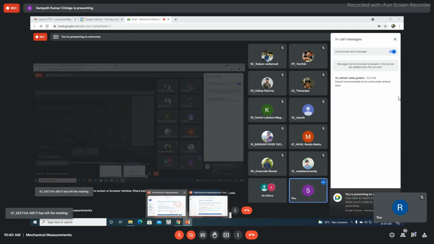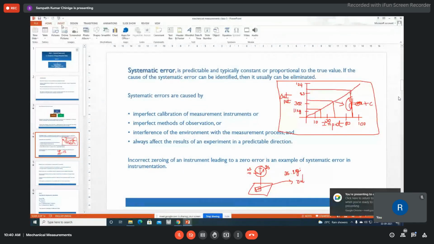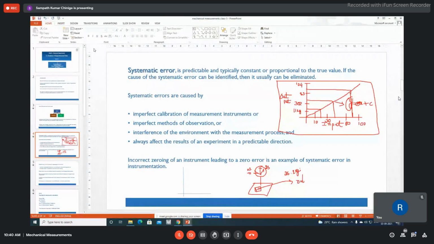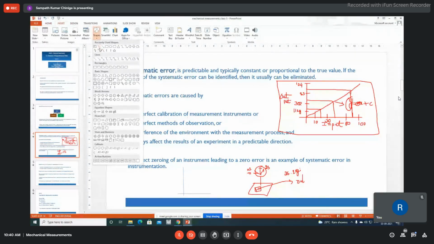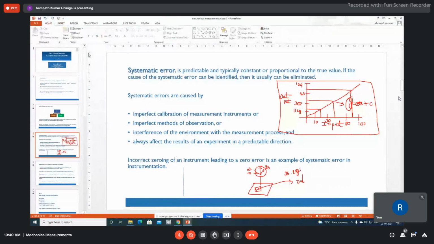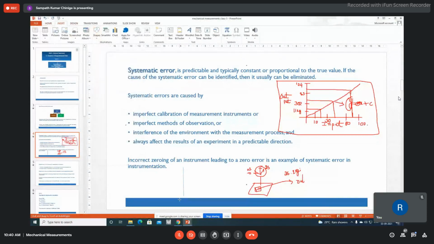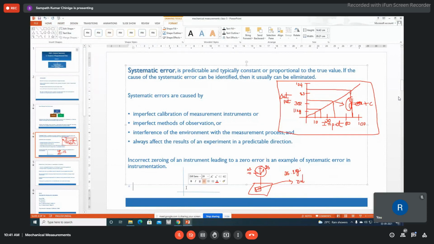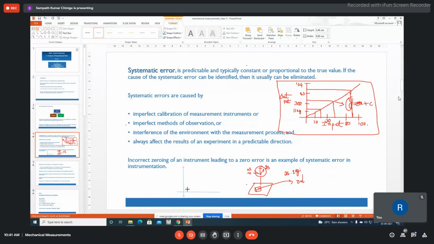I will tell you the basic difference here. If the output is increasing like this, like this, like this, you don't have any issue, whether it may be a slope or not.